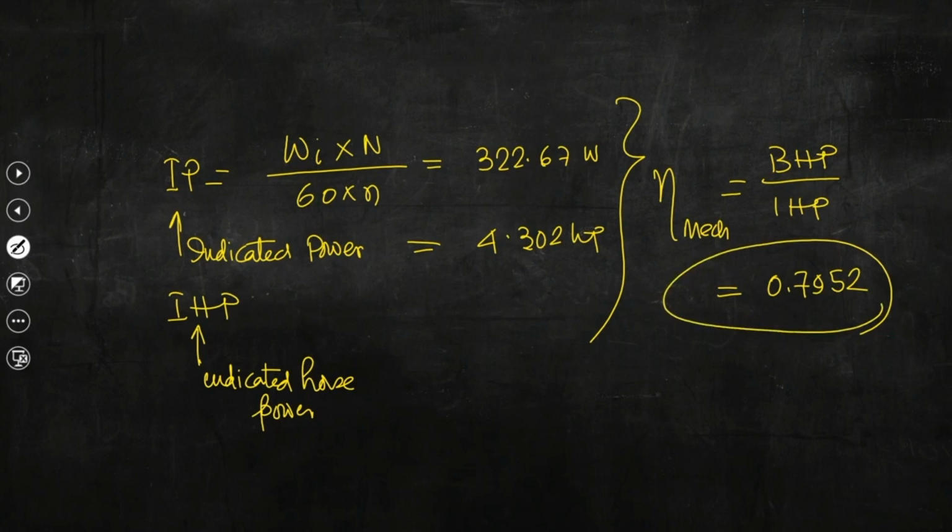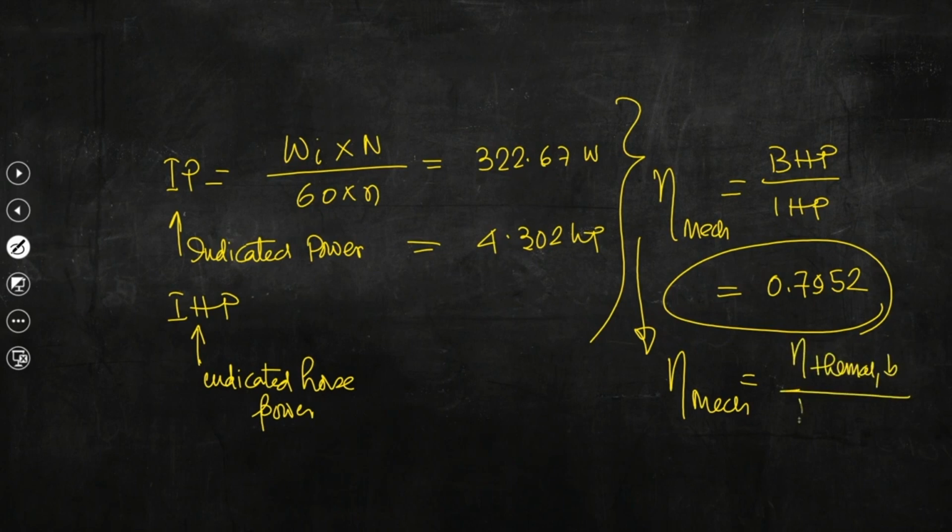This mechanical efficiency can be written as eta thermal brake divided by eta thermal indicated.